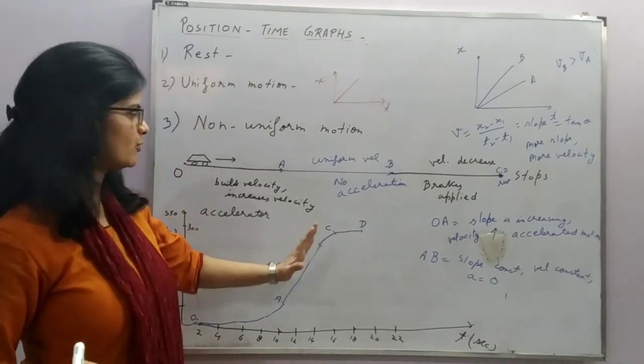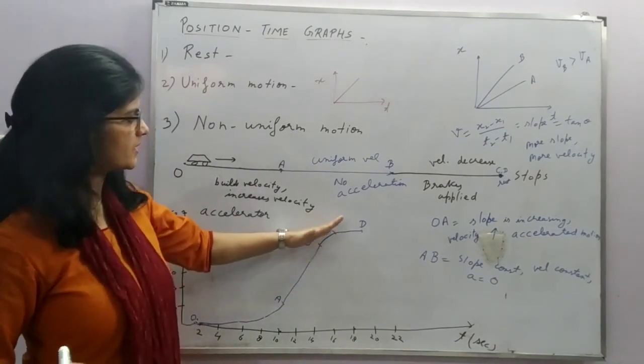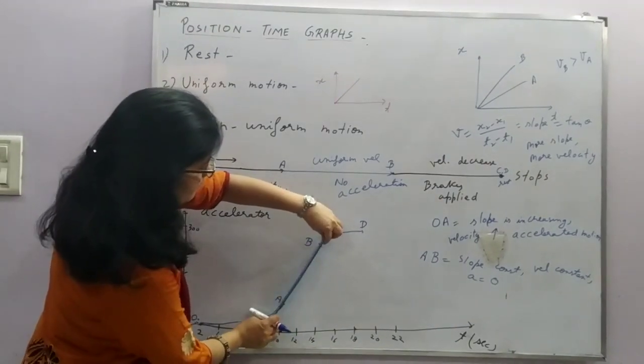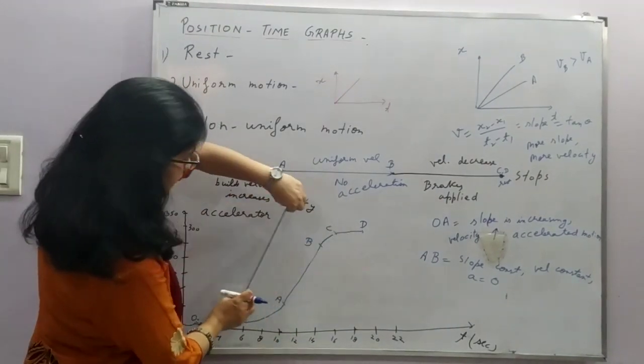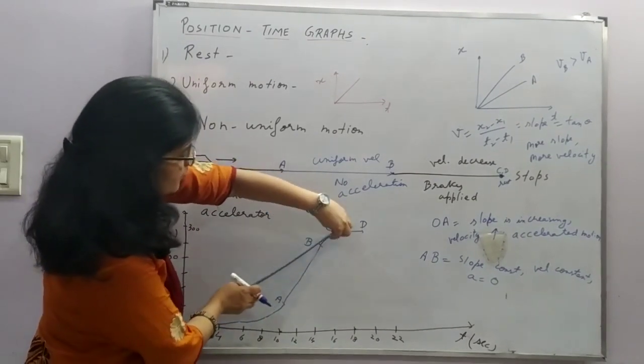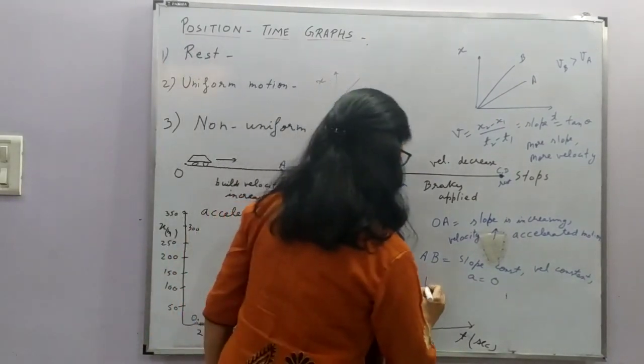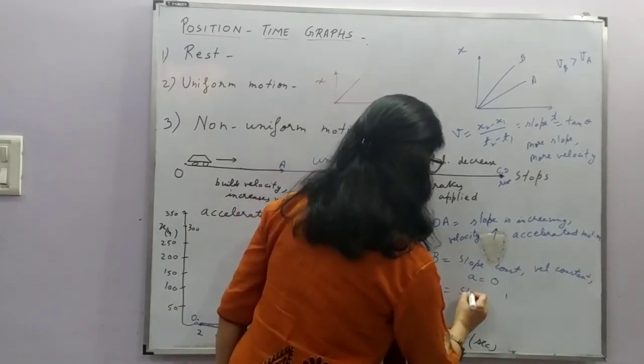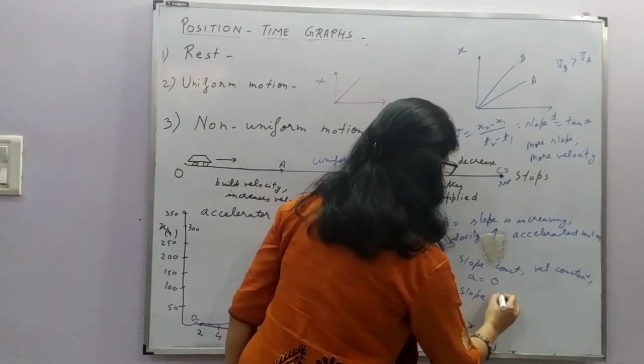If I consider B to C, here the slope was this, here the slope is less. How do we compare the slope? This is the slope, more slope. Now this is less slope, this is more, this is less. So this one, the BC slope, is less. Again at a non-uniform rate. So the BC slope decreases.